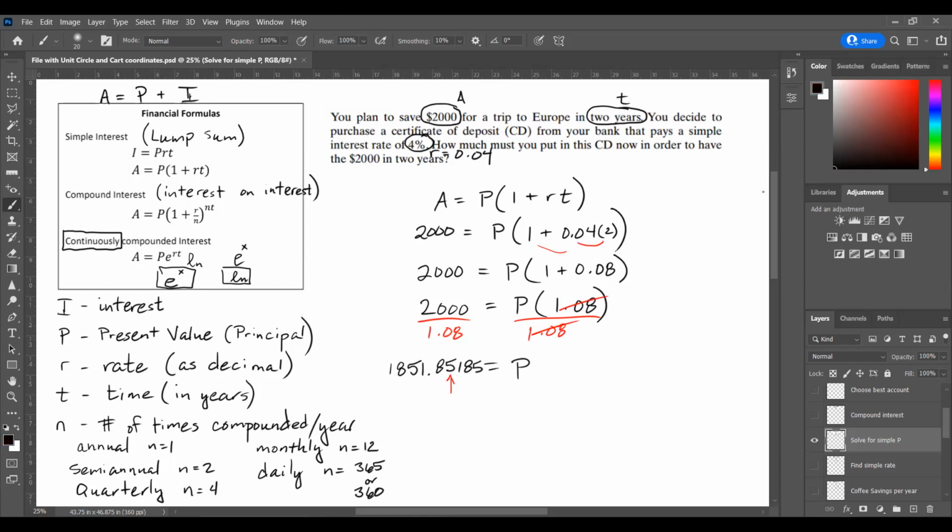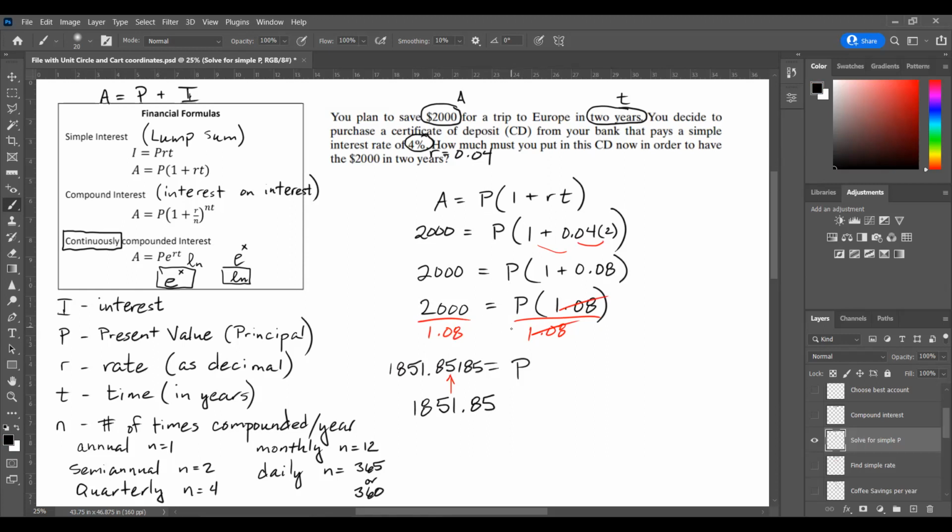Notice that to round this then, using the rules of rounding, I would say 1851.85. However, if I were to plug that 1851 and 85 cents in for P in our initial formula, I would not end up with $2,000 at the end. I would probably have $1,999.99 because I rounded P down.